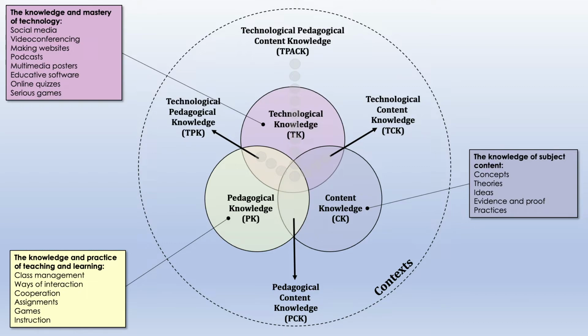As you can see in the TPACK model, the domains overlap. Content knowledge overlaps with technological knowledge and pedagogical knowledge. Pedagogical knowledge overlaps with content knowledge and technological knowledge, and so on. So now I will explain what these areas mean.